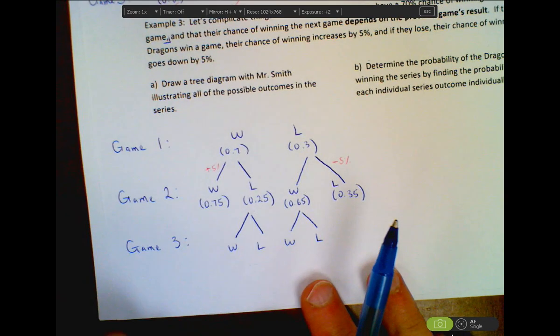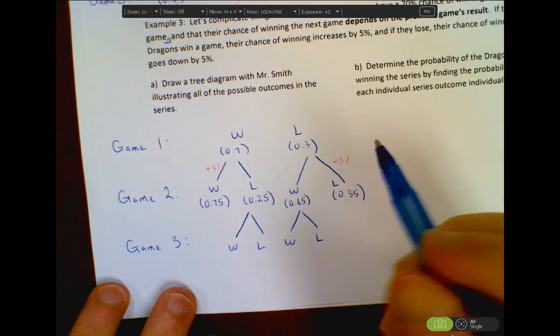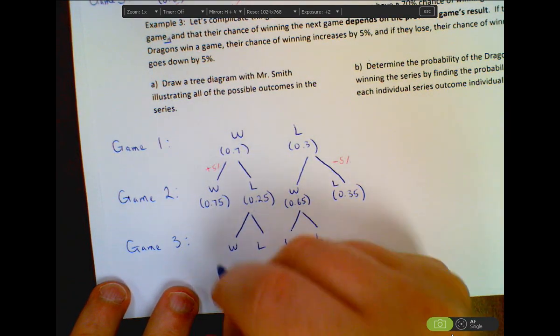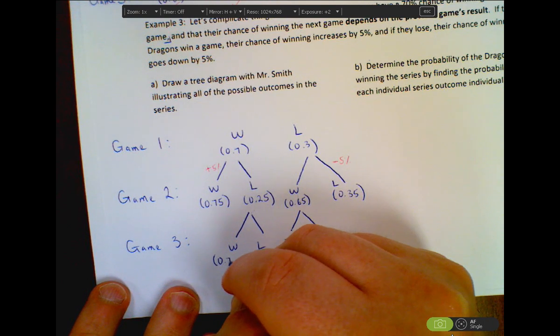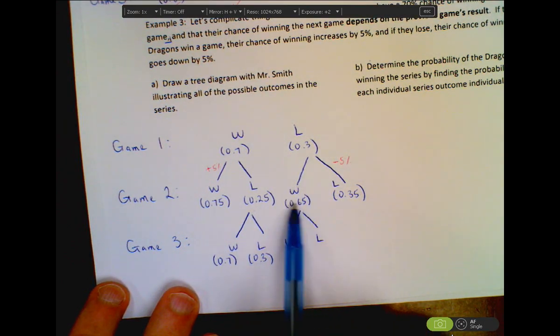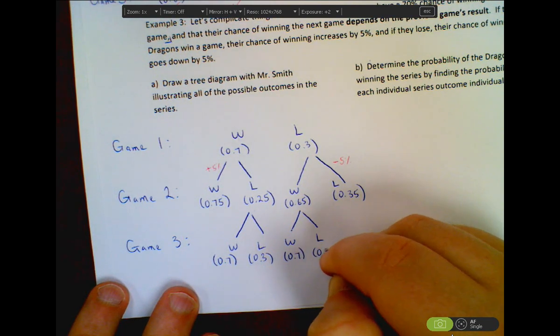So coming off a loss, their chance of winning decreases by 5%. So if it was 75%, now it's back down to 70-30. Their chance of winning Game 2 in this branch was 65%, and if they won, that's going to tick up by 5%, so it's back to 70-30 as well.